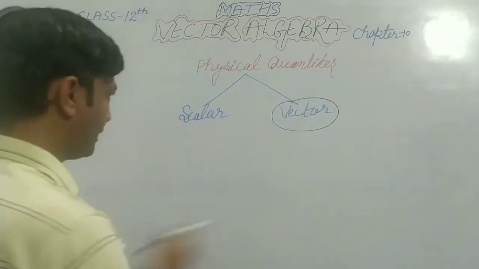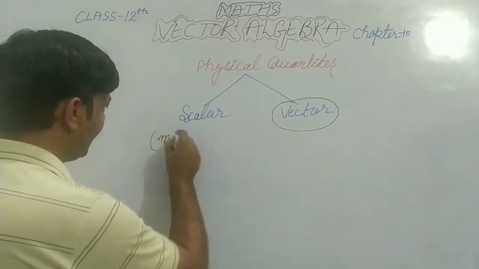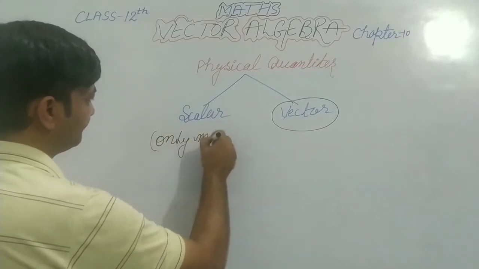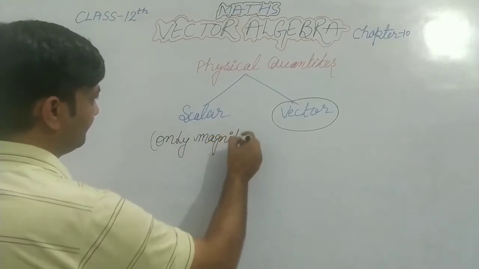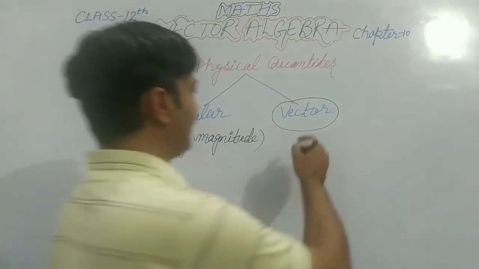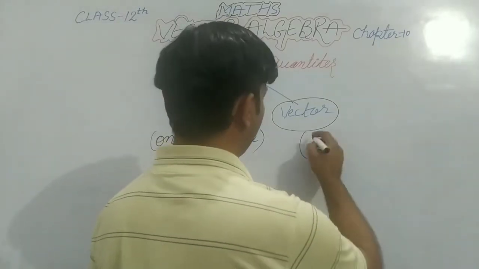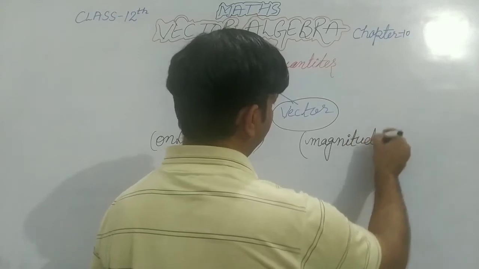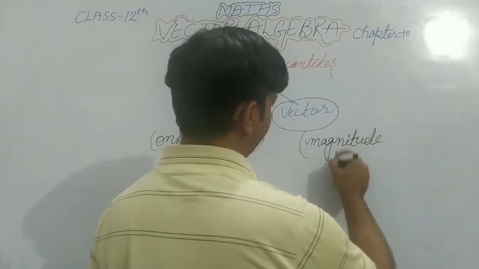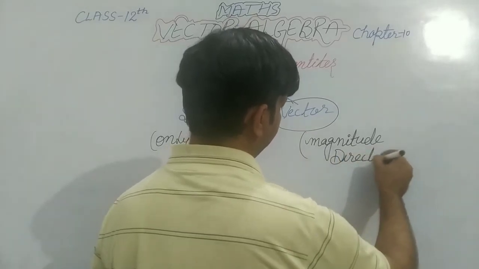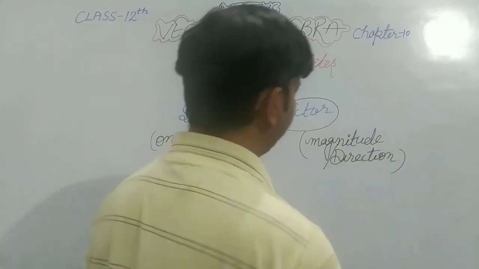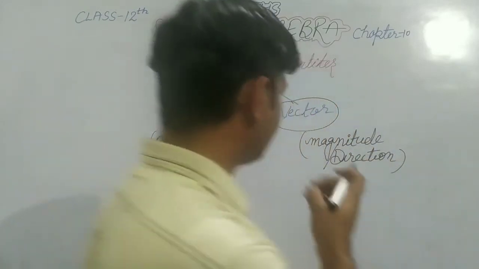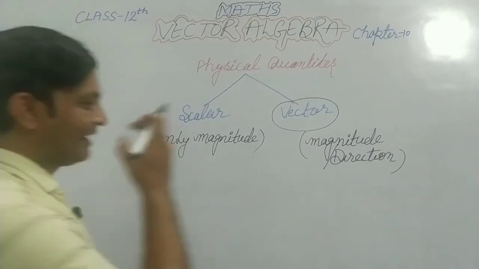A scalar has only magnitude, whereas a vector has magnitude as well as direction.